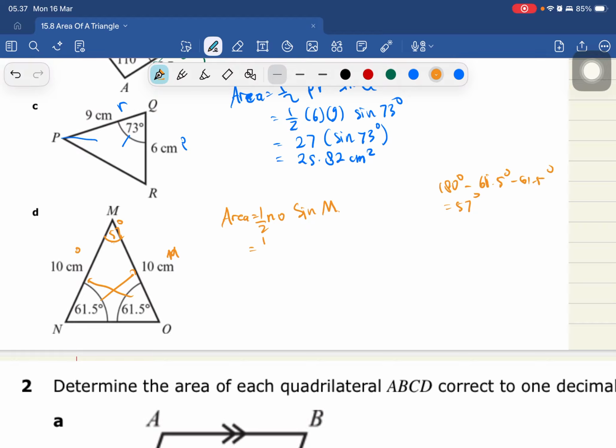We can substitute 1 over 2, n is 10 multiplied with 10, and then with sine of 57 degrees. So it's going to be 50 multiplied with sine 57 degrees. Then you will get the answer of 41.93 centimeters squared.